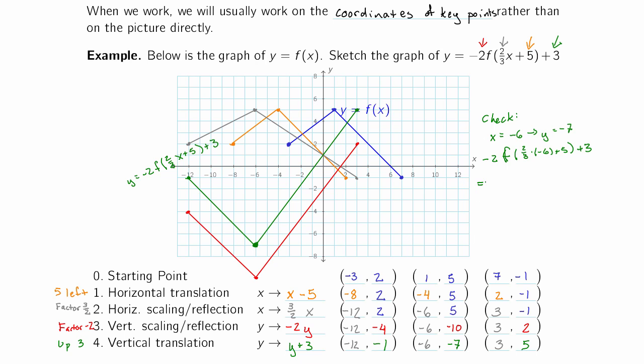Well, 2/3 times -6 is -4, so -4 plus 5 plus 3. So that's -2 times f of 1, plus 3. Looking at this point, f of 1 is 5. So -2 times 5 plus 3, -10 plus 3 really is -7.